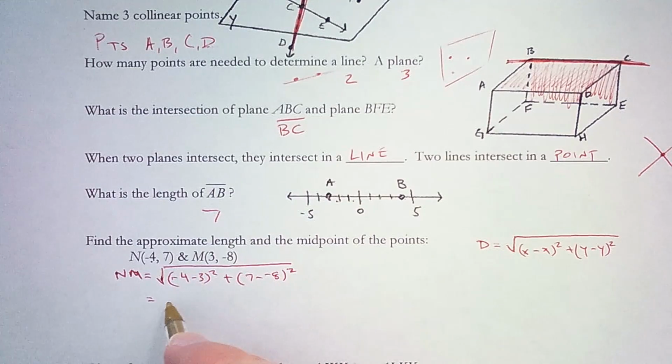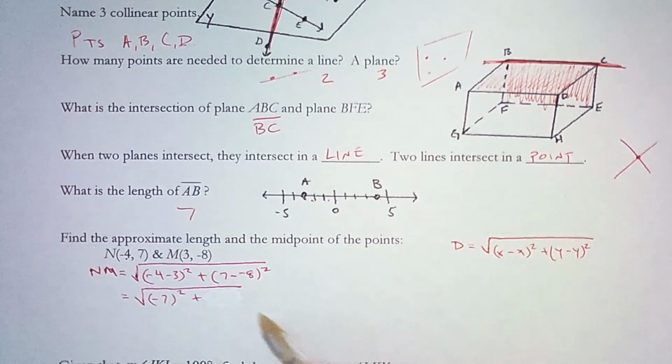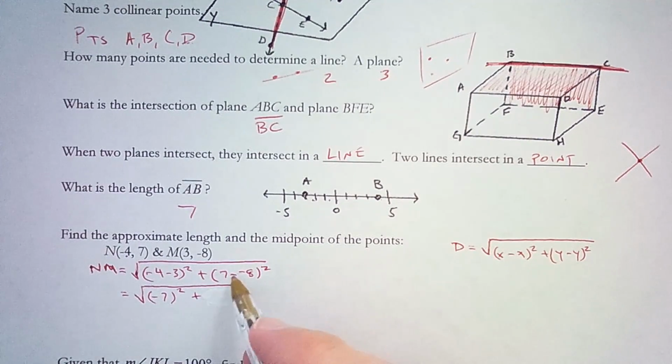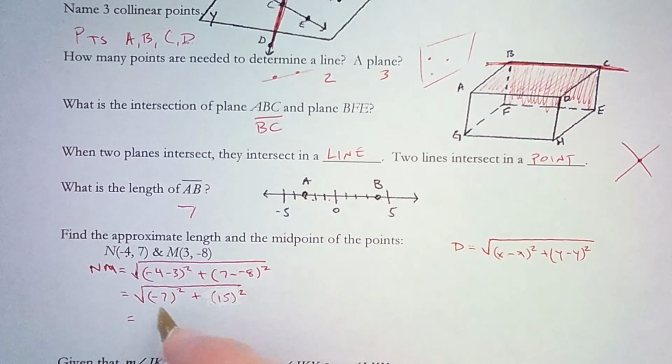Negative 4 minus 3, that's negative 7 squared. 7 minus negative 8 means 7 plus 8, so that would be 15, so 15 squared. Negative 7 squared is 49. 15 squared is 225.